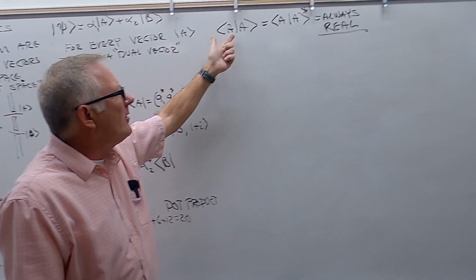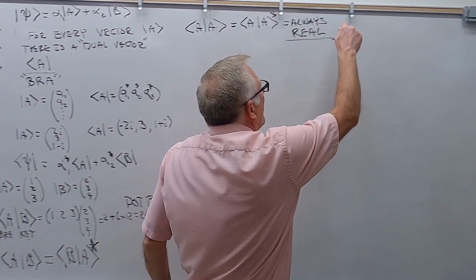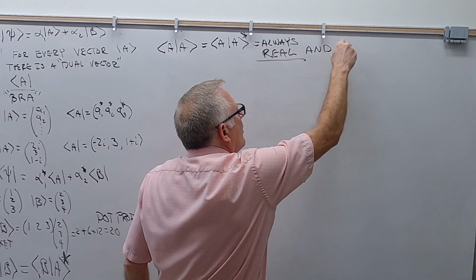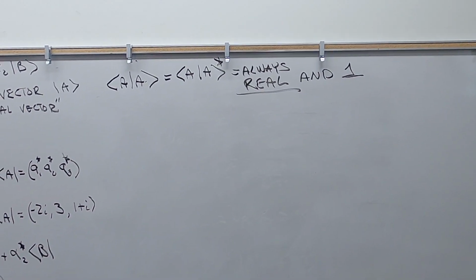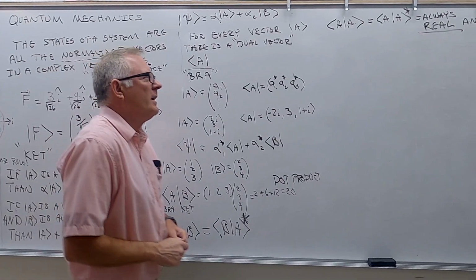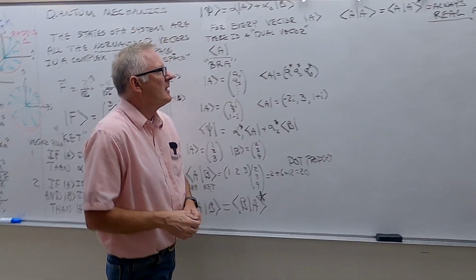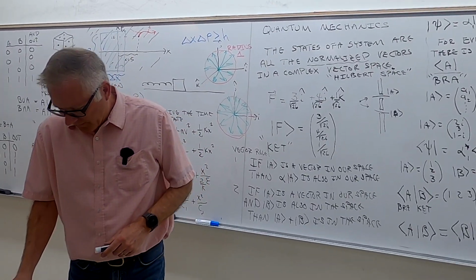So this dot product is not only always real, but always 1, because it's a dot product between two normalized vectors with itself. Okay, so we've got that right there.